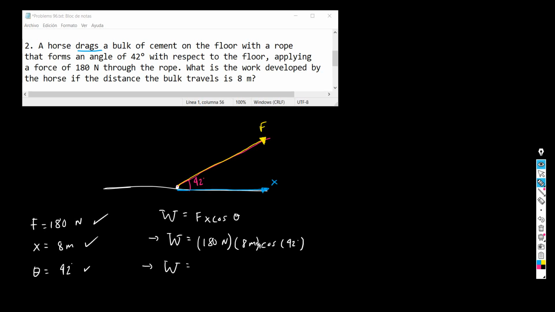We are going to get 1070.12 joules. That's it. Okay, and that solves this problem.